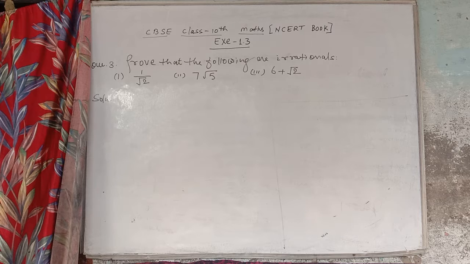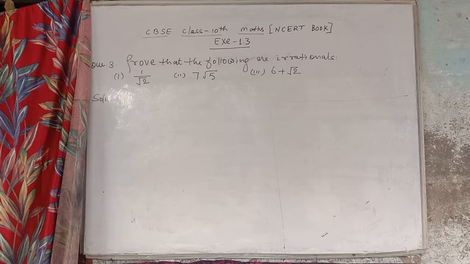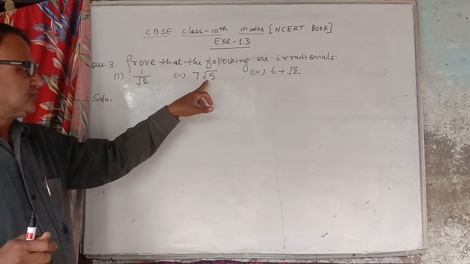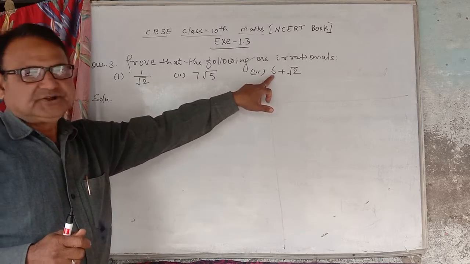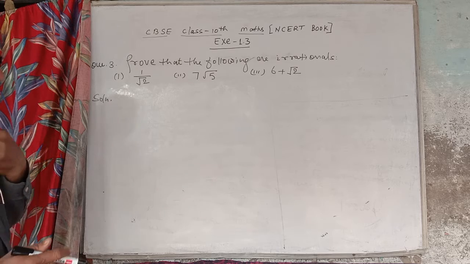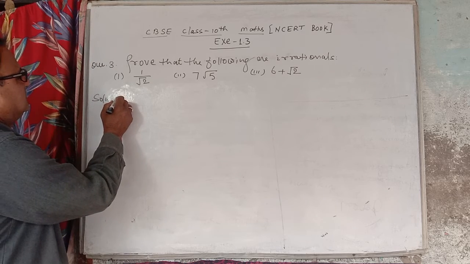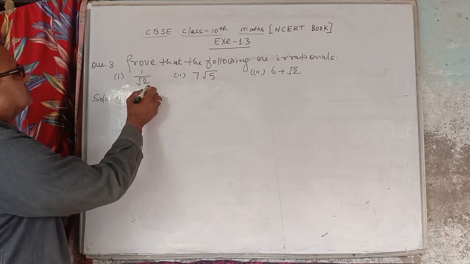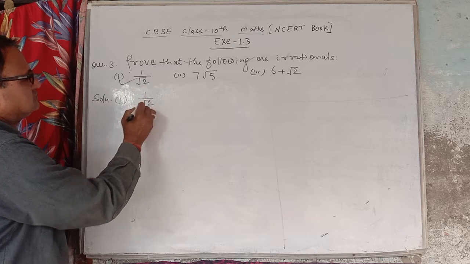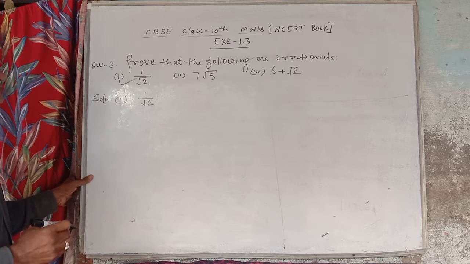Now question number 3 is to prove that the following are irrational. Question number 1, 1 by root 2. Question number 2, 7 root 5. And question number 3, 6 plus root 2. Firstly, we have to solve question number 1, that is 1 by root 2.